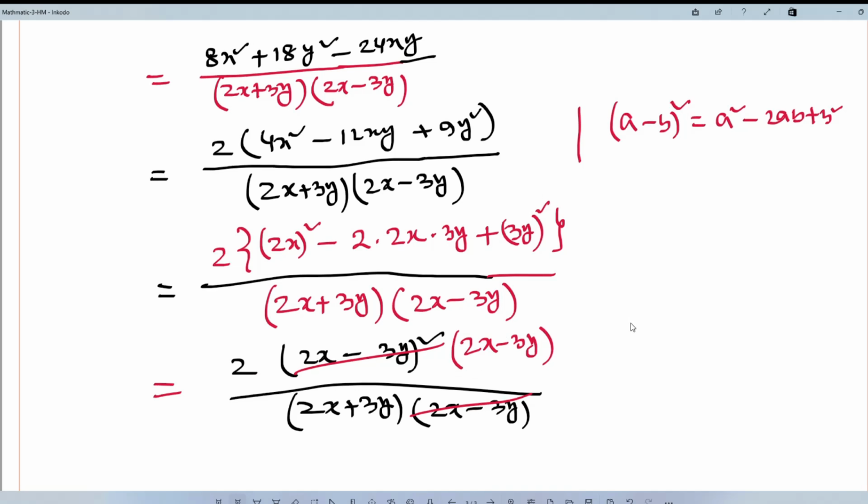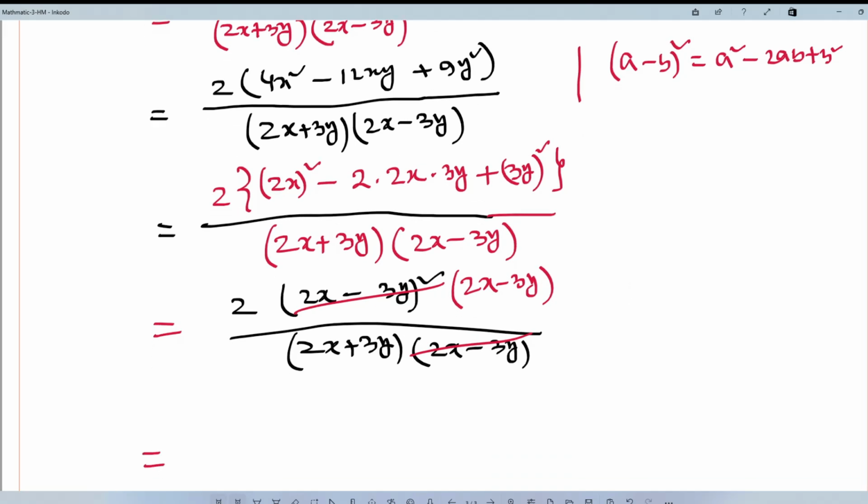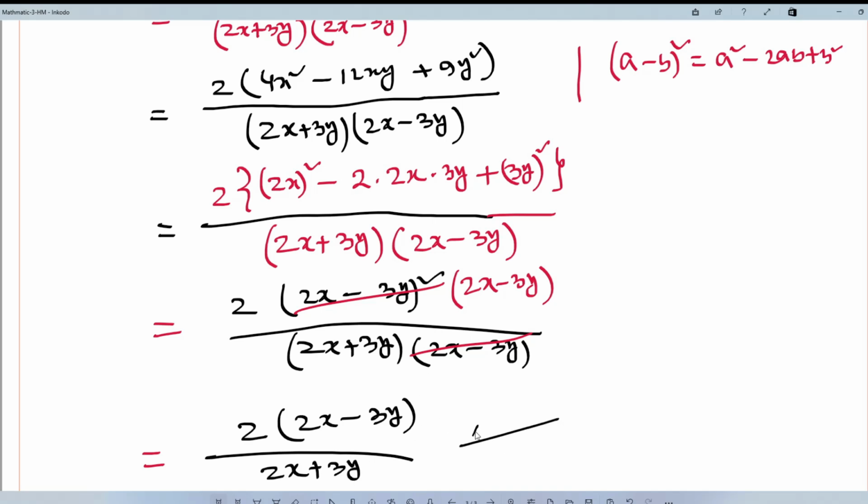So our answer is 2(2x − 3y)/(2x + 3y). Look, it has become a single denominator.